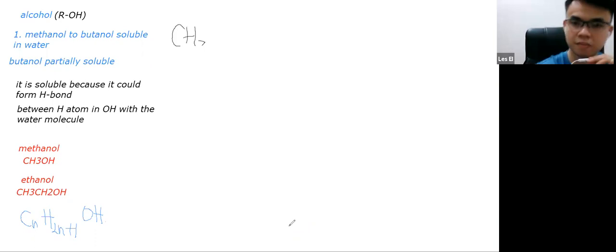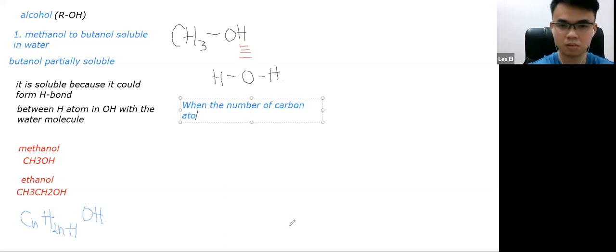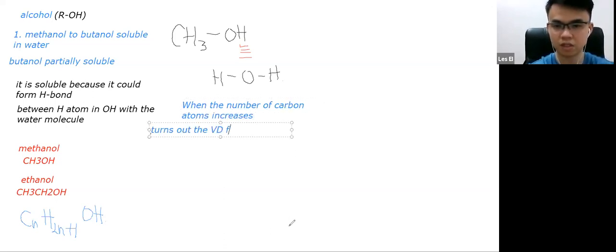So your hydrogen atoms in the OH bond form a hydrogen bond. That's why they are soluble. When the number of carbon atoms increases, it turns out the van der Waals forces are getting stronger compared to the hydrogen bond.